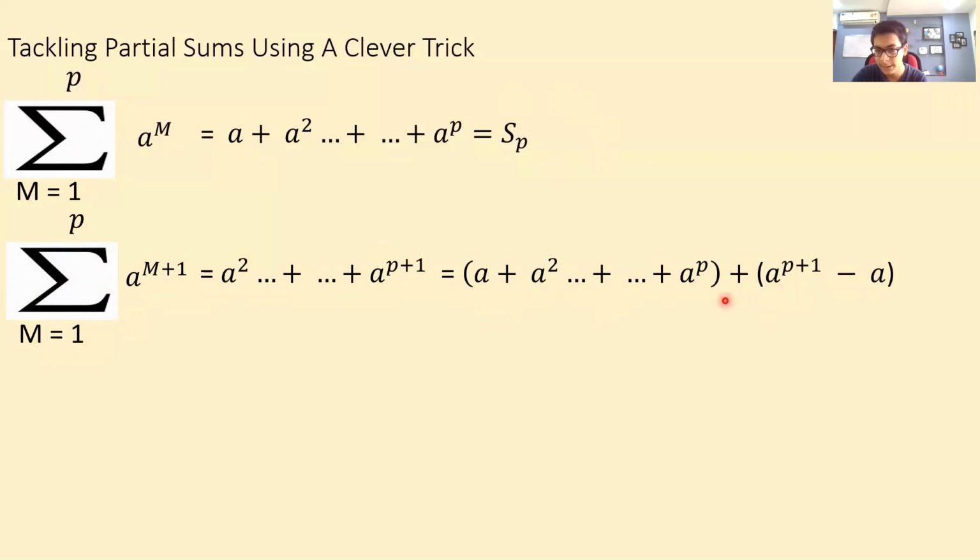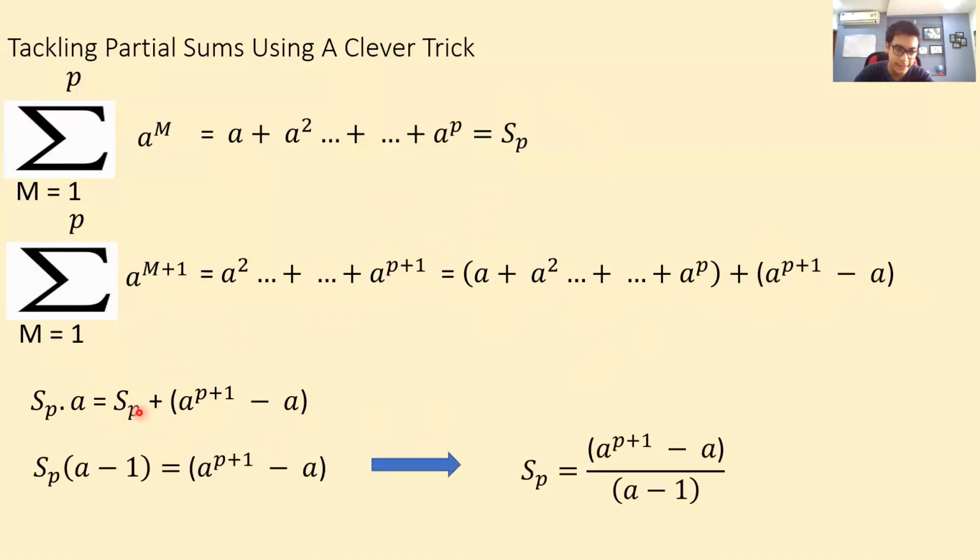So it's our original sum plus this a power p plus 1 term has got added, and we have subtracted the a term. Therefore, we can write SP times a, which is this sum, equals SP, which is our original sum here, plus a to the p plus 1 minus a.